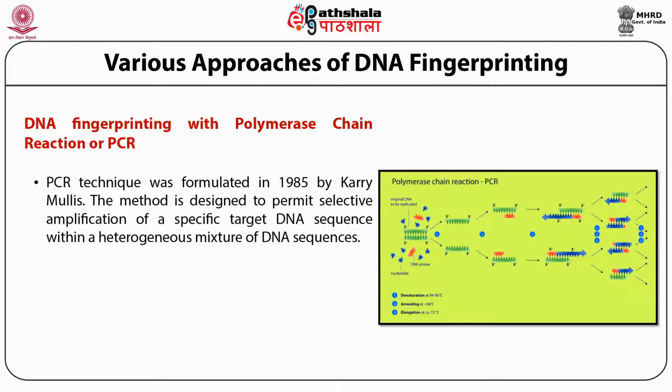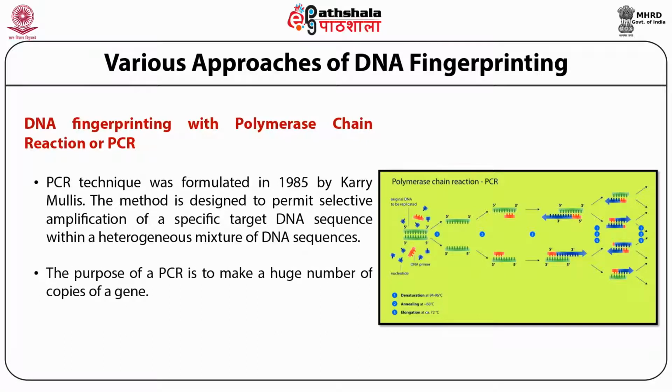The method is designed to permit selective amplification of a specific target DNA sequence within a heterogeneous mixture of DNA sequences. The purpose of a PCR is to make a huge number of copies of a gene.